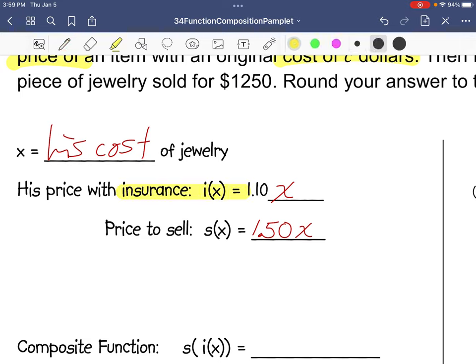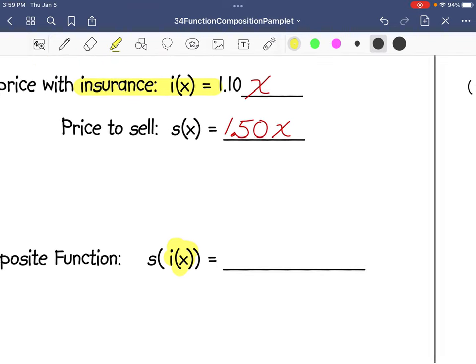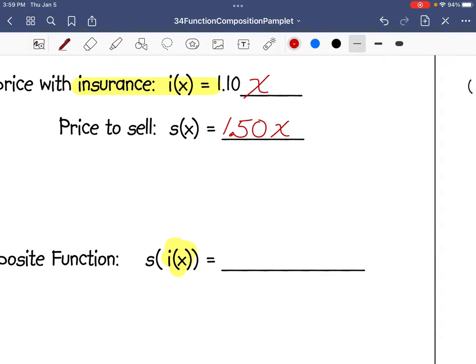So what do we do first? We do the insurance first. So as you can see, that goes on the inside. That means we're going to have S of I. I should have fixed the colors here, but I is the 1.1.